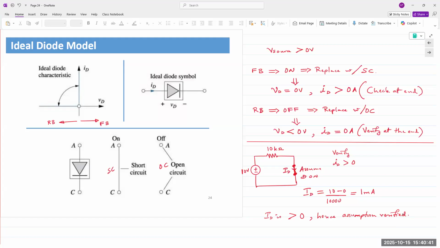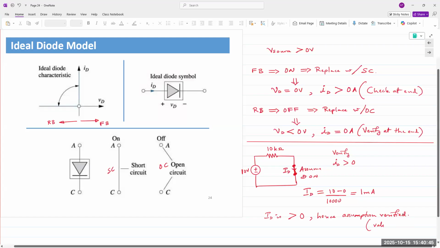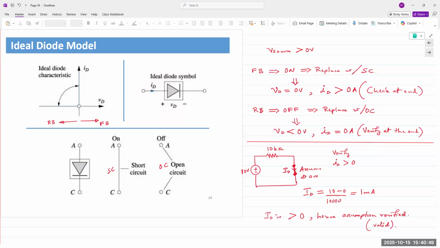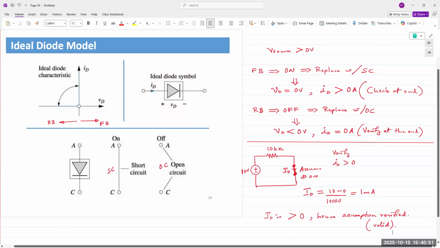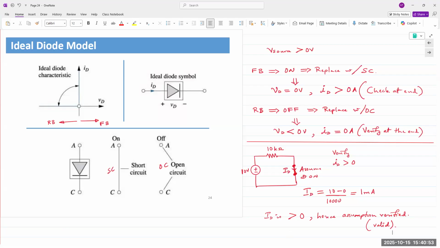Or our assumption is valid. Okay. Does it make sense?